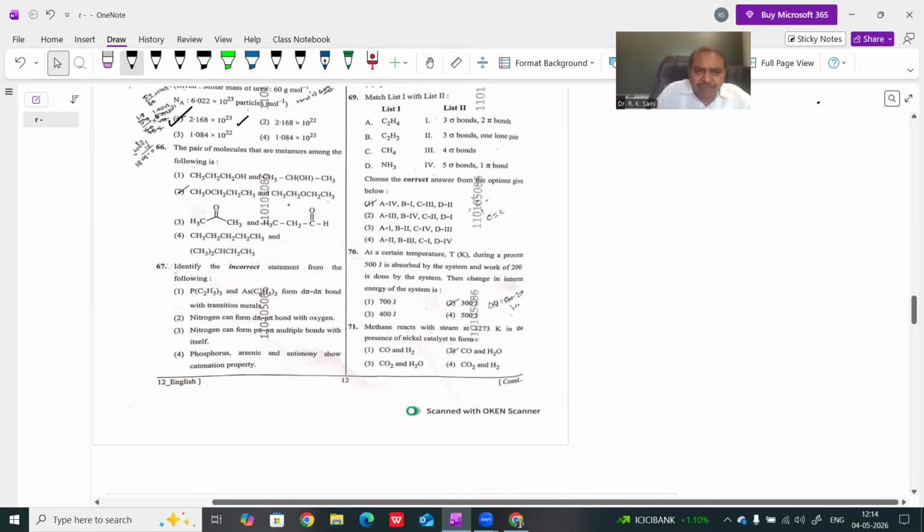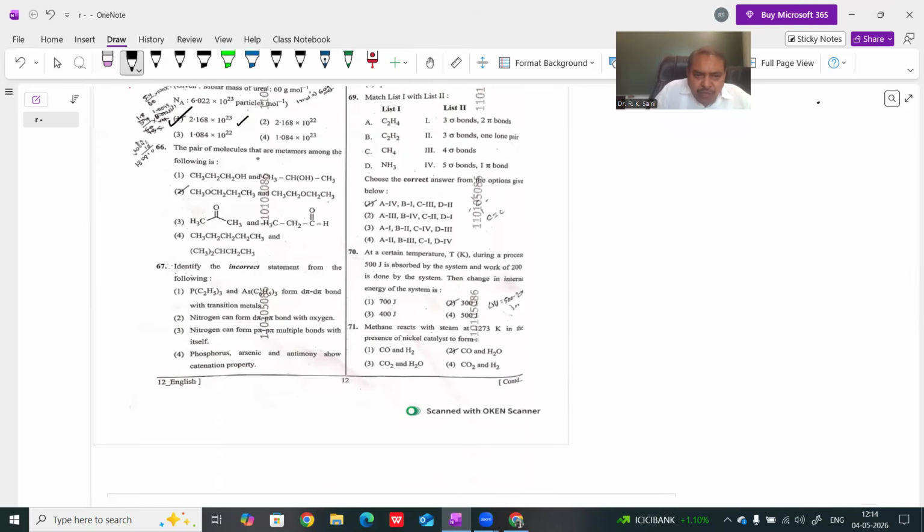Question 66. Which of the following pairs of molecules have metamers? We know that metamers are isomers of a homologous series which have different alkyl groups.